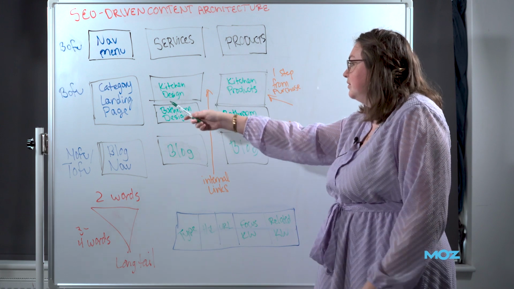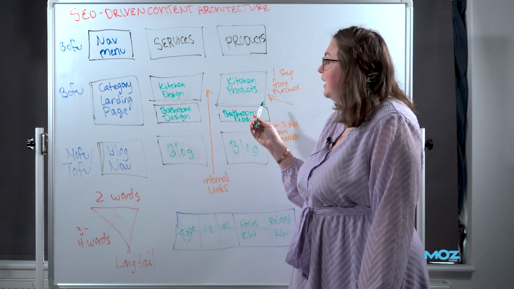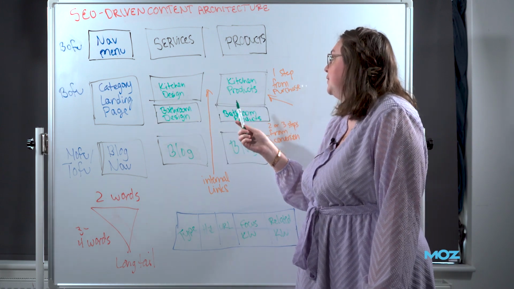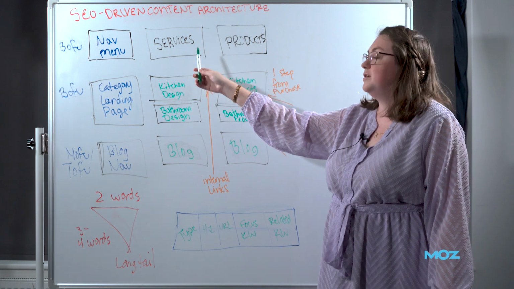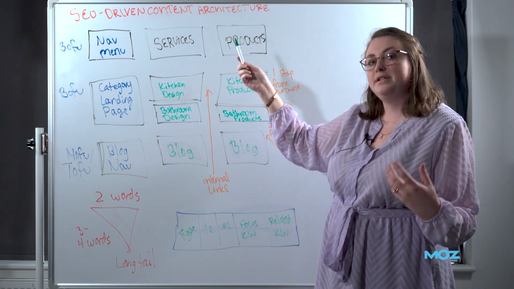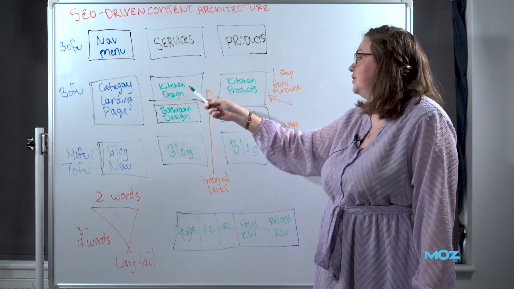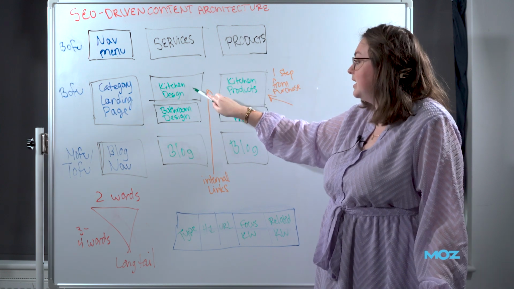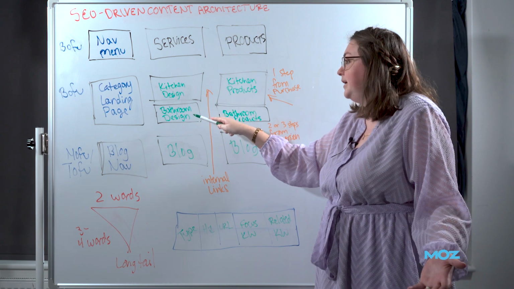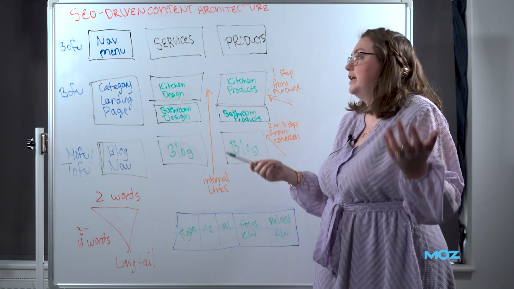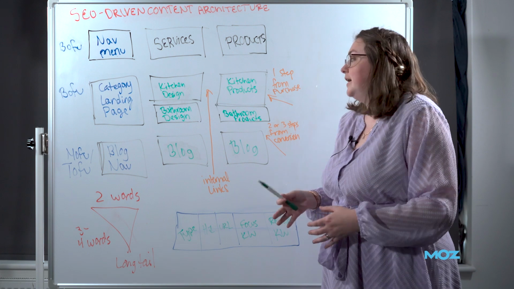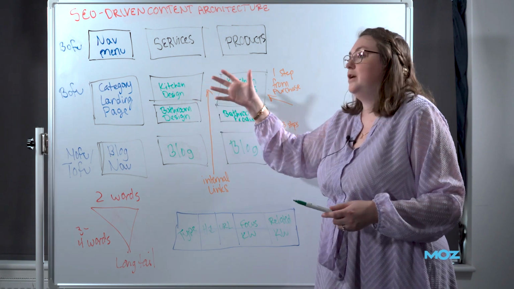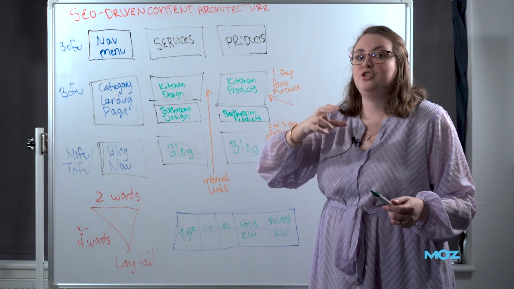Then underneath, you have your category landing pages. If you take the general concept of a service, and in this case there's an interior design service, you may want to break it out into, for example, kitchen design, bathroom design, bedroom design, etc. And then all of that content is built out to cover all of those different page types.